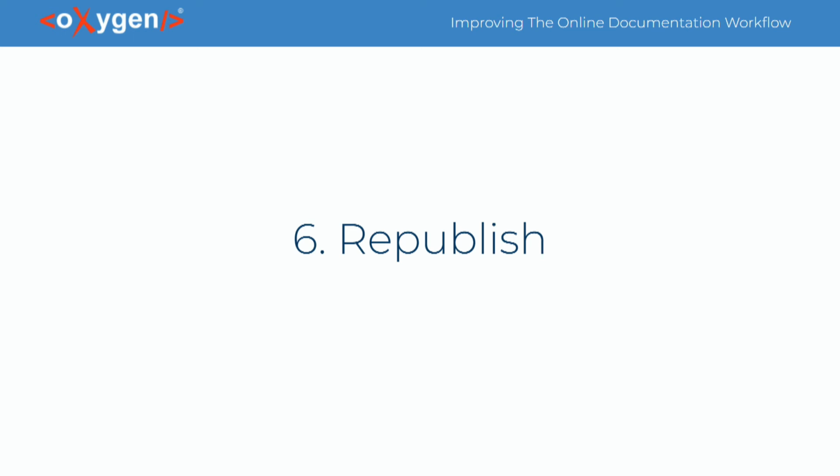You can use Oxygen Publishing Engine to automate this process by configuring it with a continuous integration server that can react to every commit on your Git repository, and the continuous integration job can run a small script to republish that content.